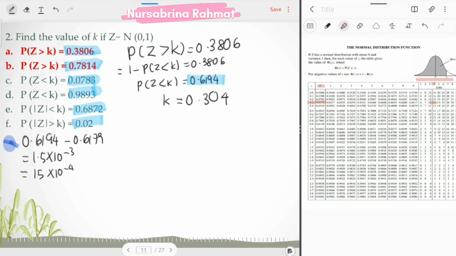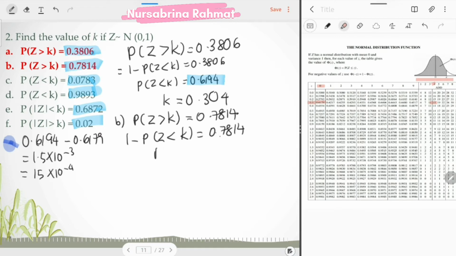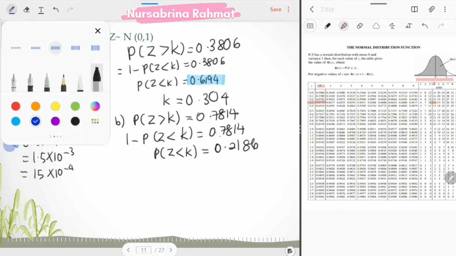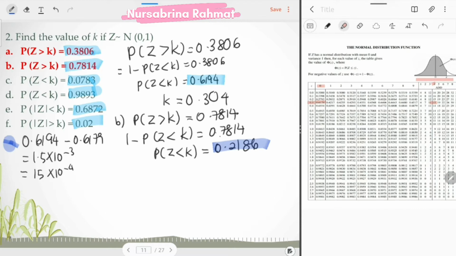Okay, question B. P(z > k) = 0.7814. As usual, this is 1 minus P(z < k) = 0.7814. So P(z < k) is 1 minus 0.7814, which is 0.2186. This probability, 0.2186, is less than 0.5.